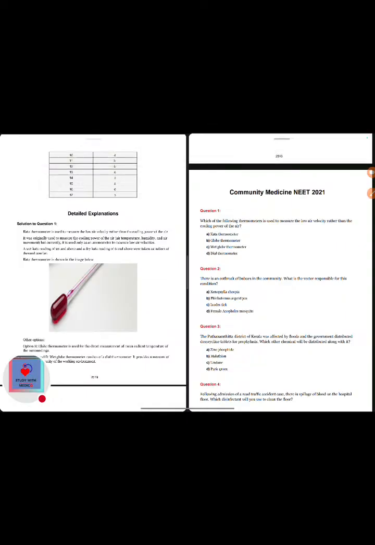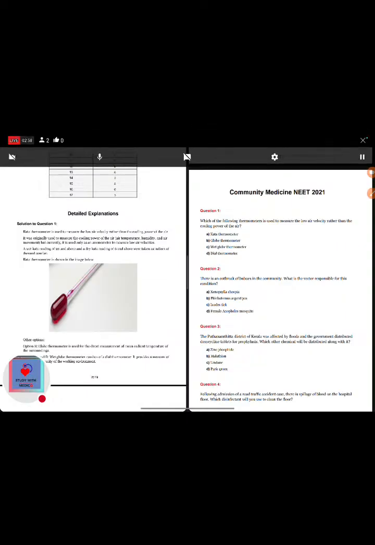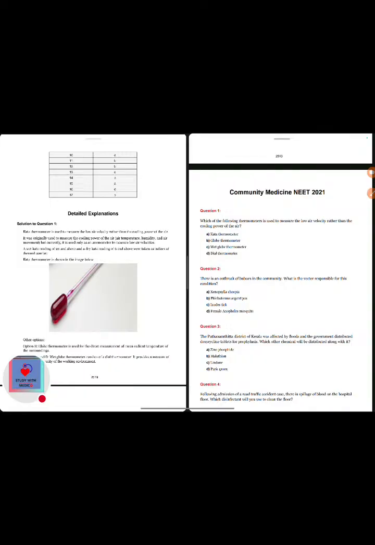But I can't do anything now because the settings have already changed. I'm literally sorry for that. You can just zoom it out and watch. So we are dealing with the NEET 2021 community medicine question paper. Previous year questions are a must before sitting in the exam. Alright, let's begin.